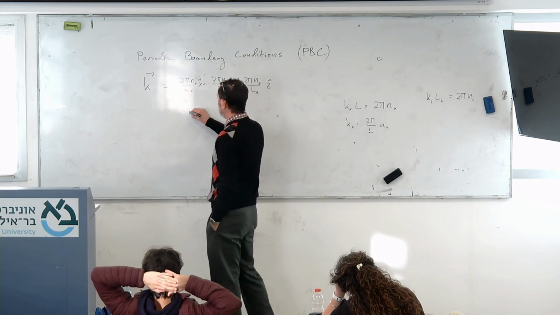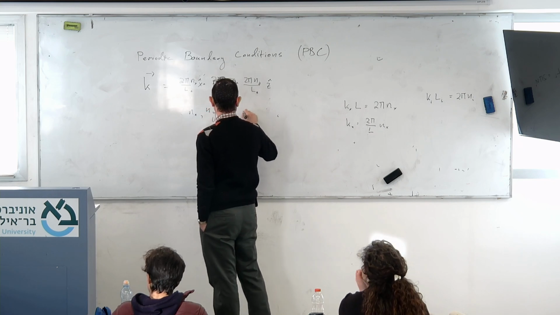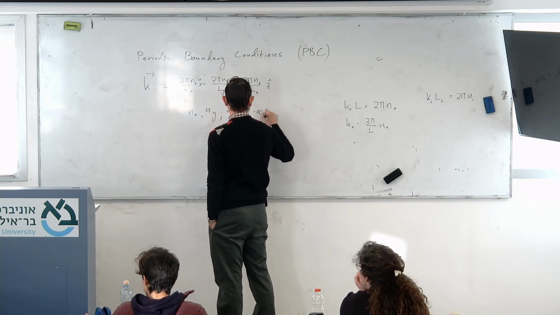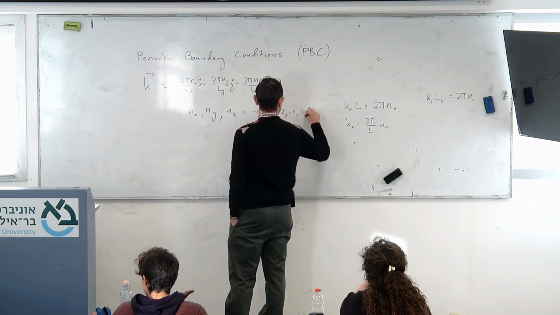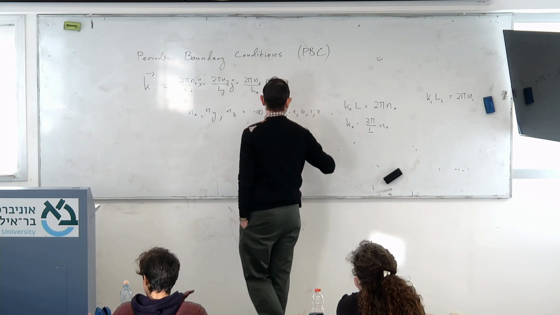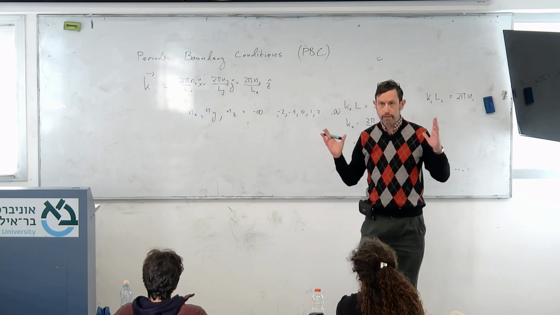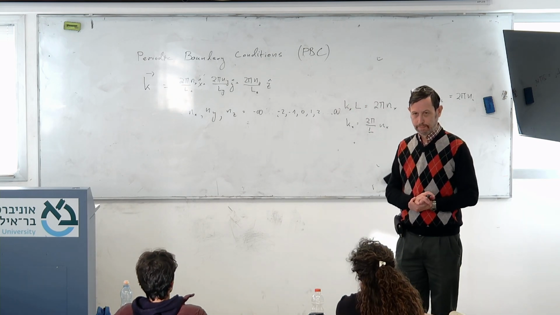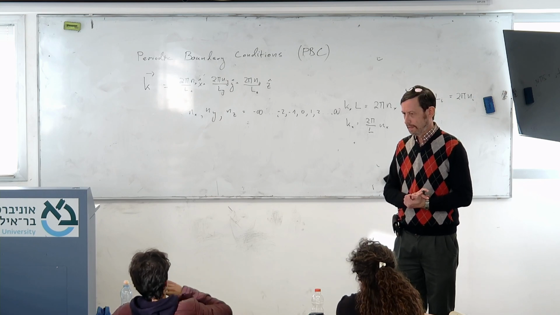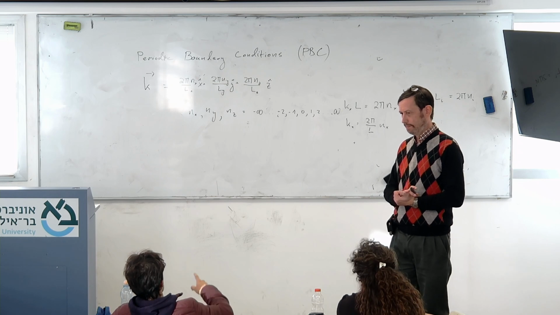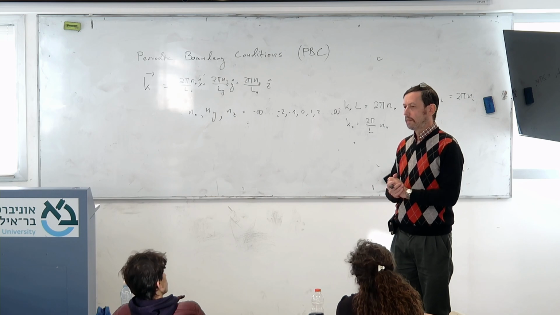N_x, N_y, and N_z, you still have an infinite number of them. But they're discrete, they're countable. Yeah. So how can you have from minus infinity to infinity?